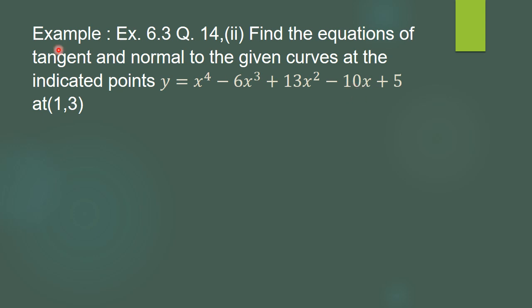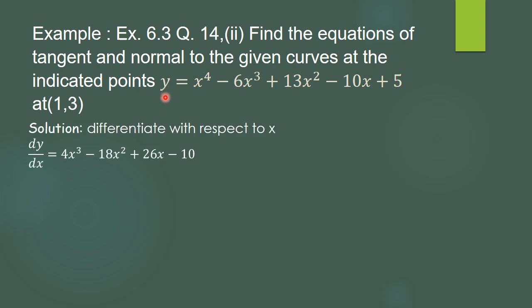Now we have to find out the equation of a tangent. We know that the tangent is passing through the given point, so we require the slope. And the slope of a tangent is nothing but the value of dy by dx. So first we will differentiate this function. Now differentiating with respect to x, what we will get? dy by dx will be 4x cube minus 18x square plus 26x minus 10.